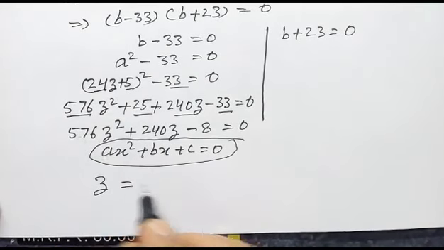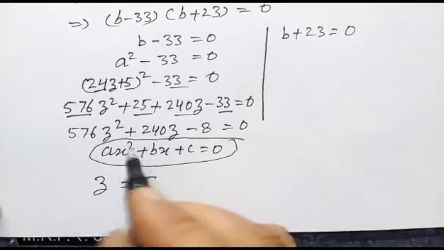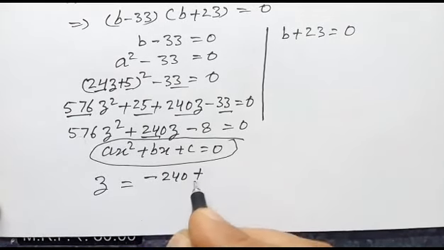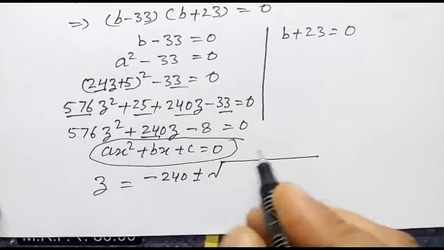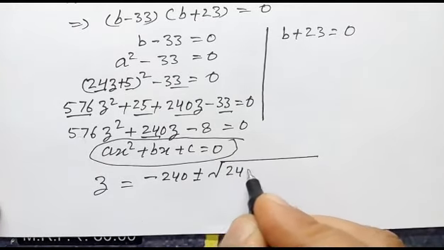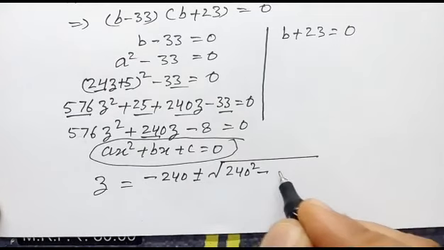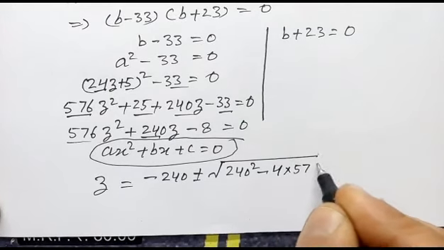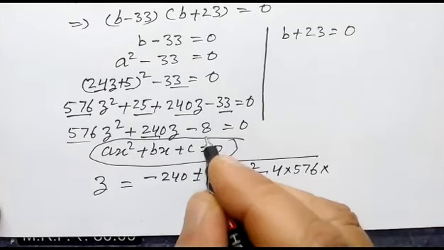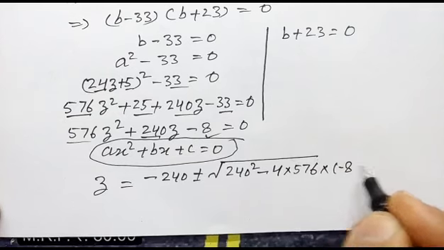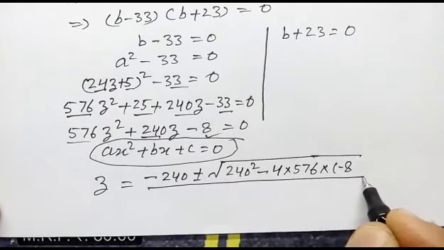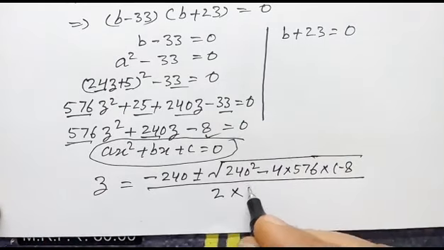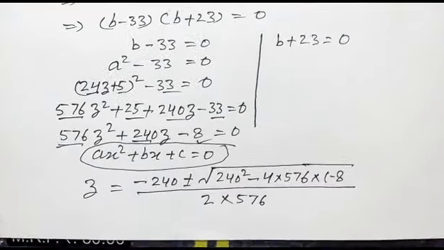So z is equal to minus b, this 240, plus minus square root of b square, 240 square, minus 4ac, 576 into c, minus 8, over 2a is this 576, right?